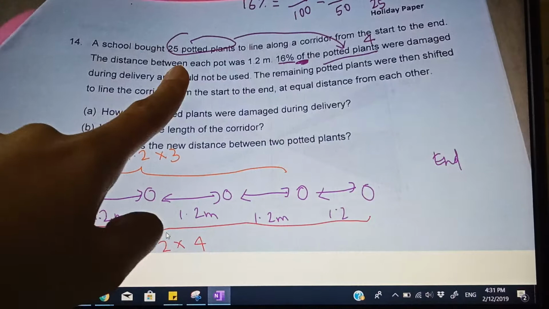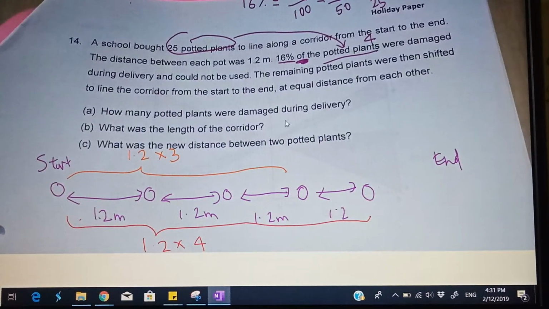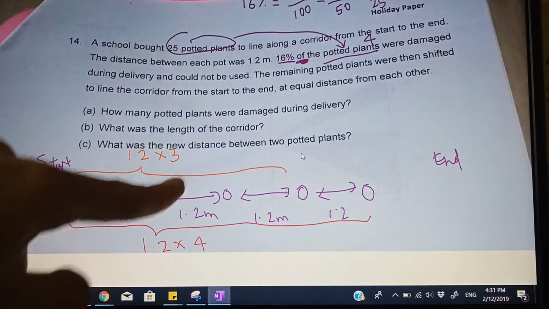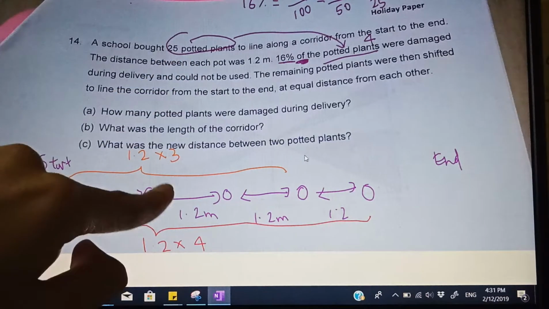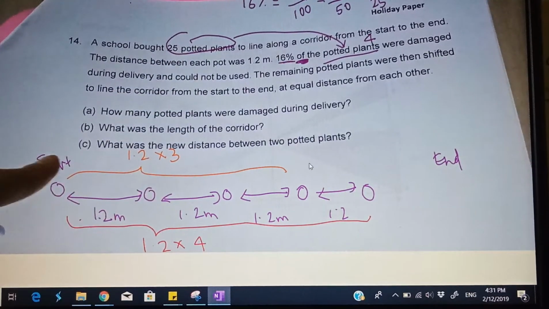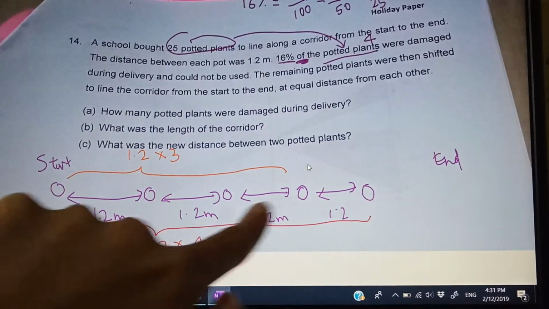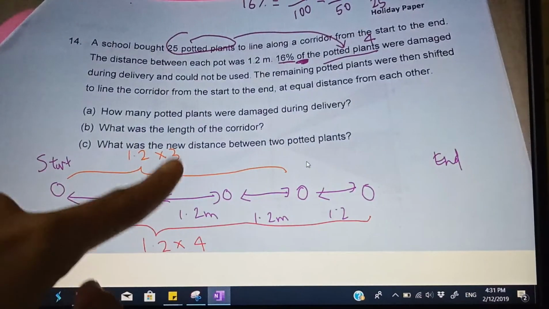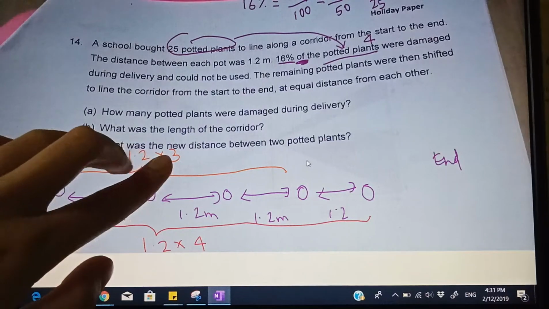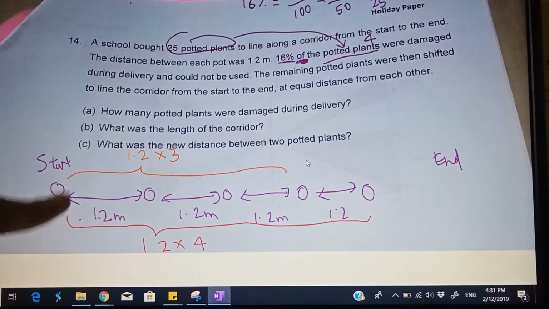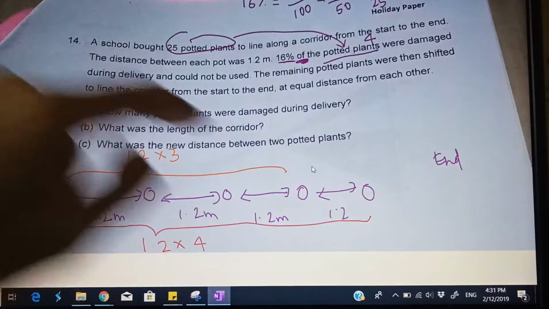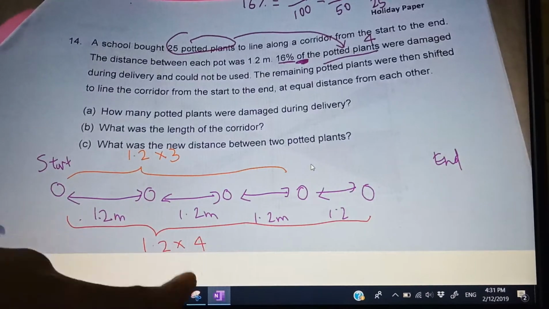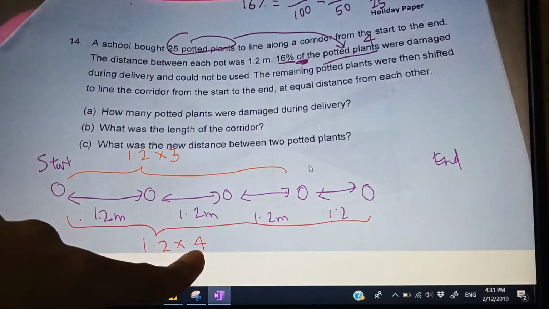So you know that they bought 25 potted plants, right? So the distance would always be 1.2 times one number less than 25. It's always one number less. When there's 4 potted plants, the distance is 1.2 times 3, which is 4 minus 1. And when there's 5 potted plants, you take 1.2 times 4, and 4 is 5 minus 1.